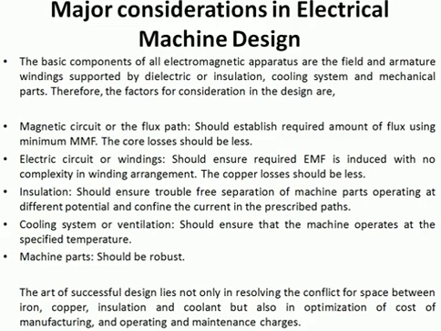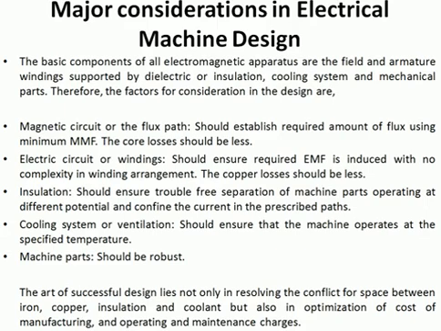You all are aware of the relation of flux: Phi is equal to MMF divided by reluctance. From that relation, it's very clear that while designing a magnetic circuit, you must try to maintain a very low value of reluctance. Then only will you be able to achieve the required amount of flux using minimum MMF.